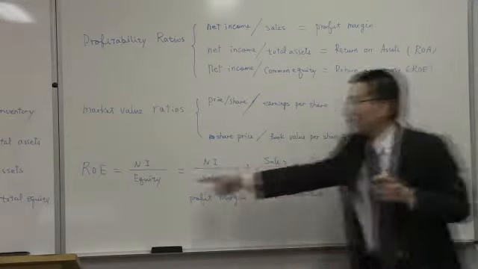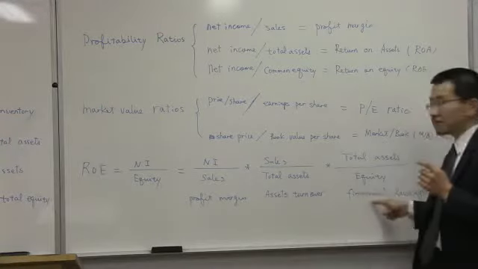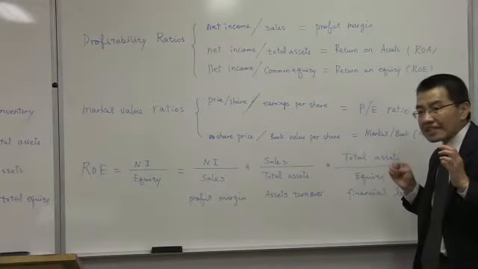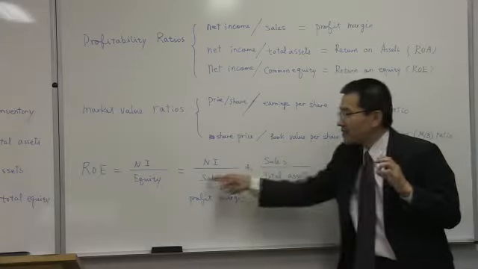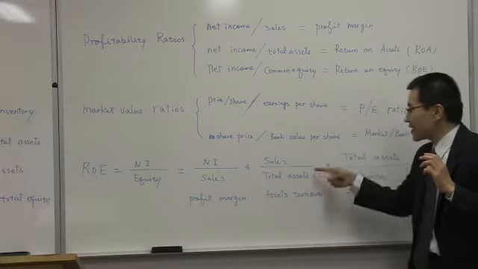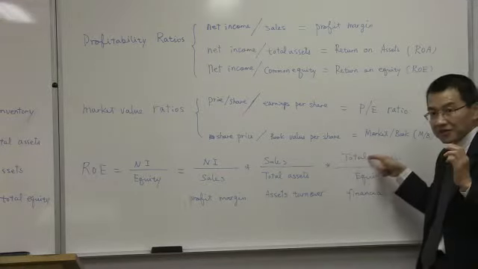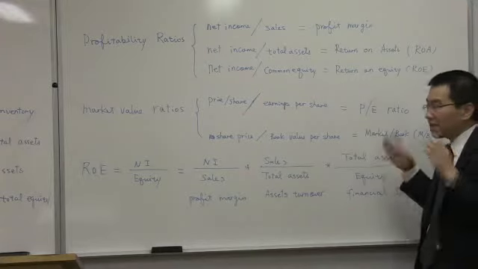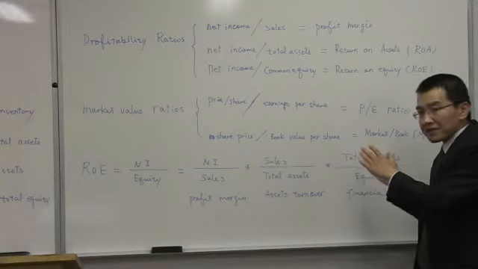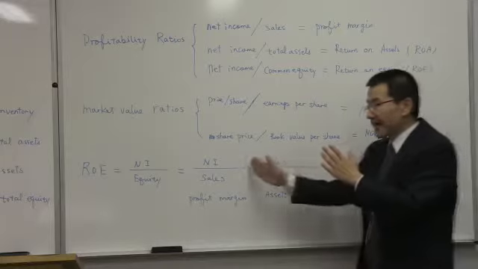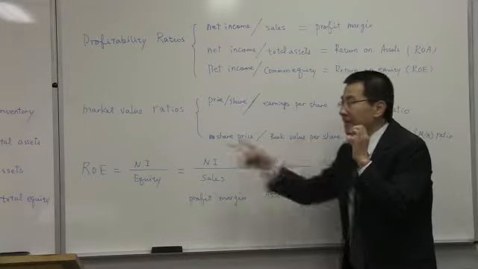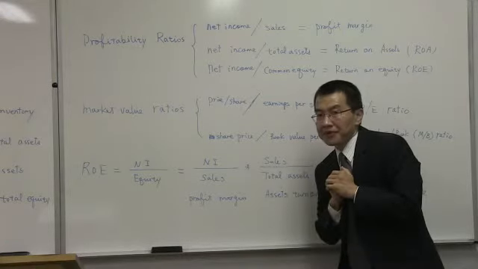So you see this formula and the original formula are exactly the same. The sales offset the sales, and the total assets offset the total assets. But when we rearrange this formula, we can actually see more ideas than the original return on equity formula.